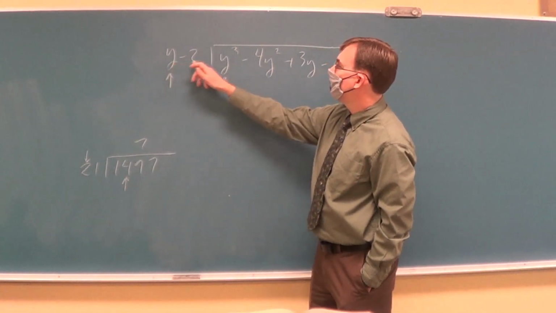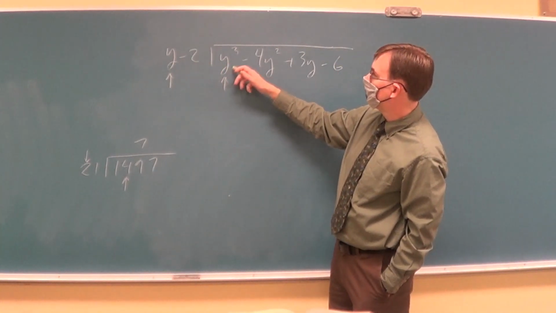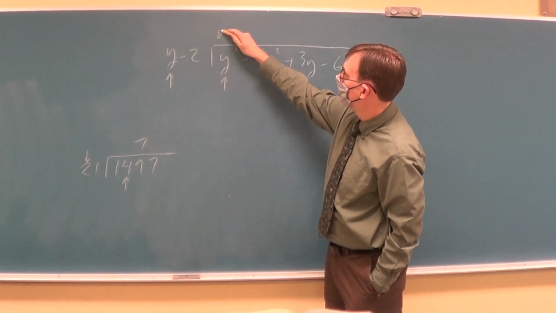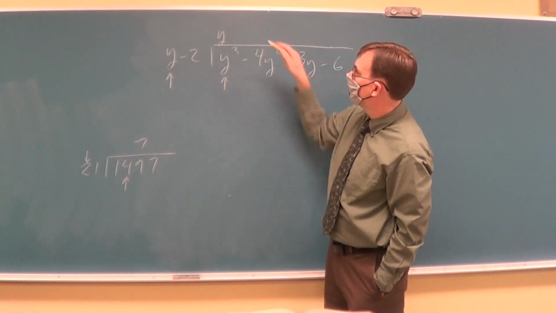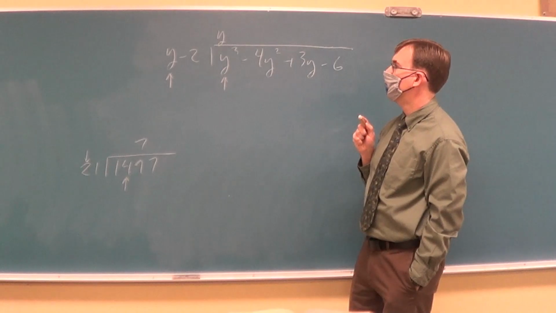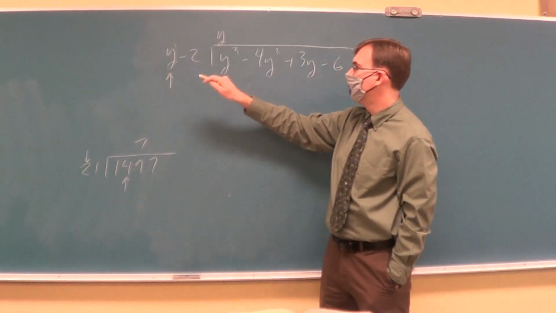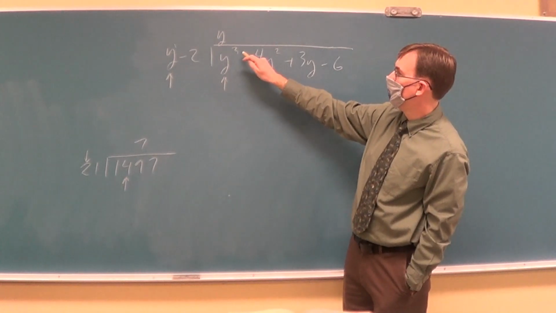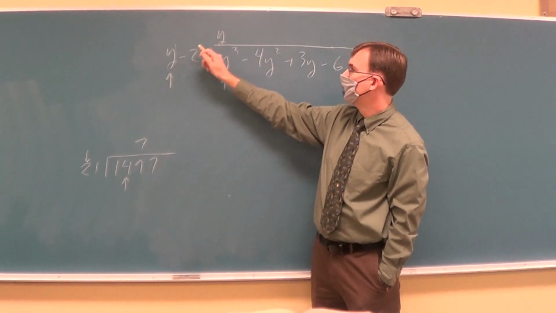If we divide the leaders, what is that going to make? 3, or 4. Y cubed. What does this have? A 1, invisible. Divide this and this, and then we square.